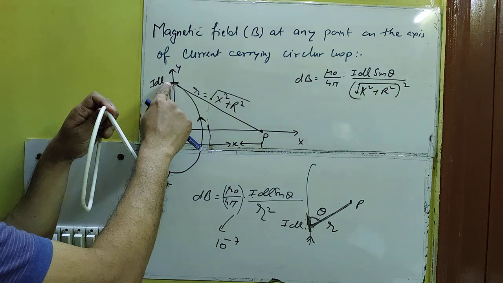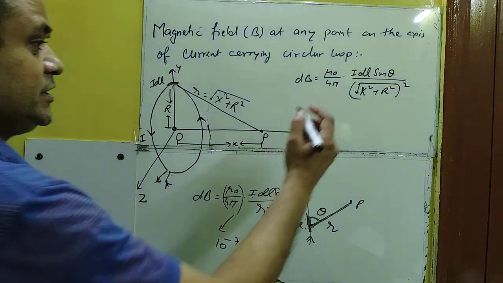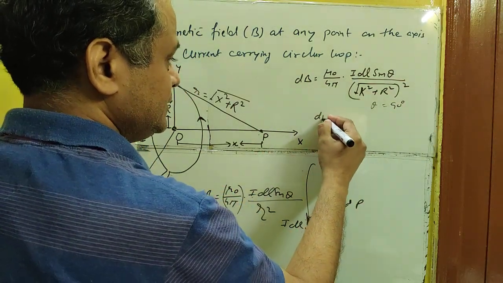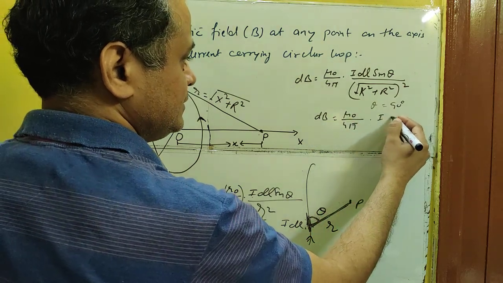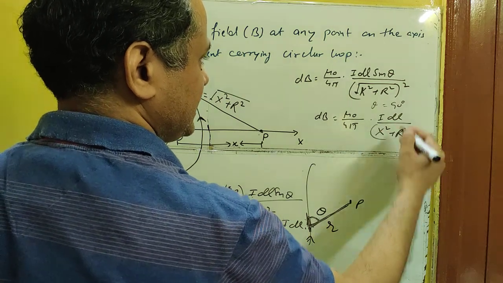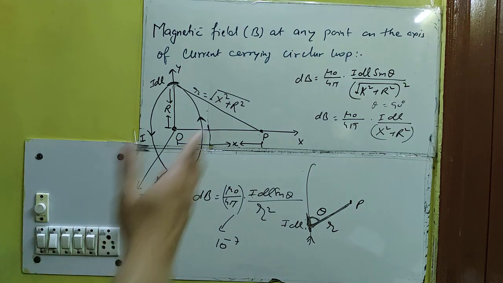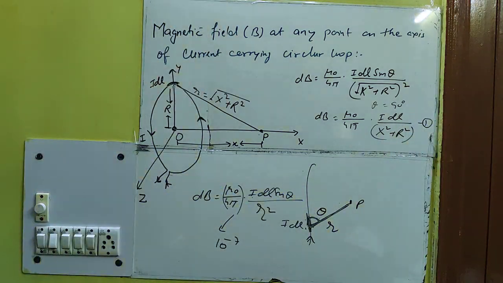So the angle between dl and r here is 90 degrees. So we get dB equal to mu naught upon 4 pi I dl upon x square plus r square, since the square and the square root cancel out, and sin 90 is 1. Let us assume this is equation number 1.